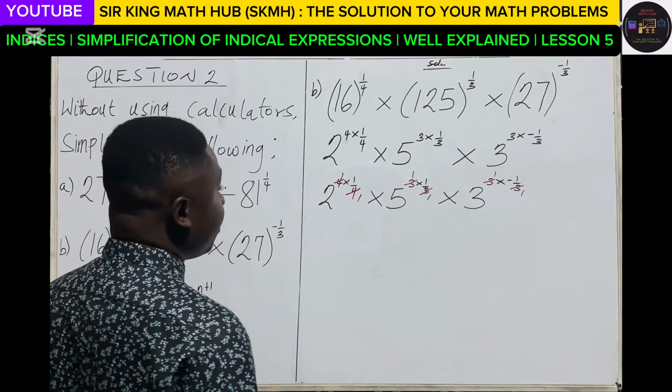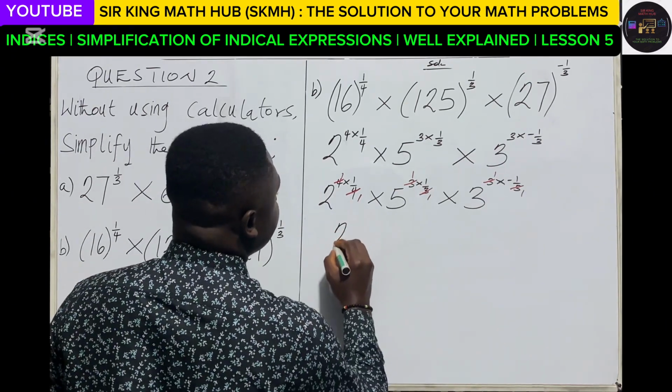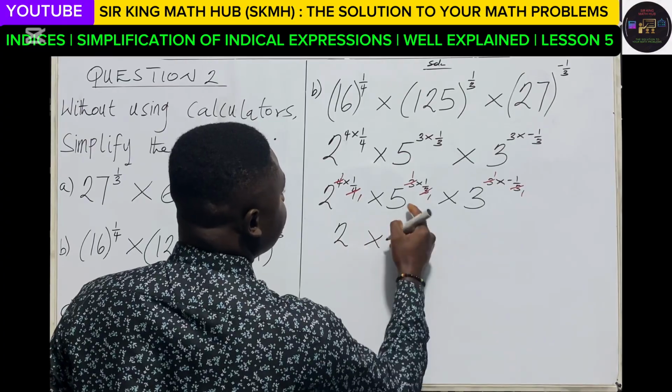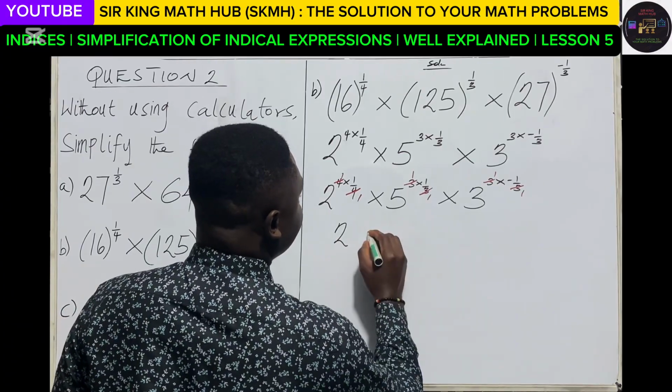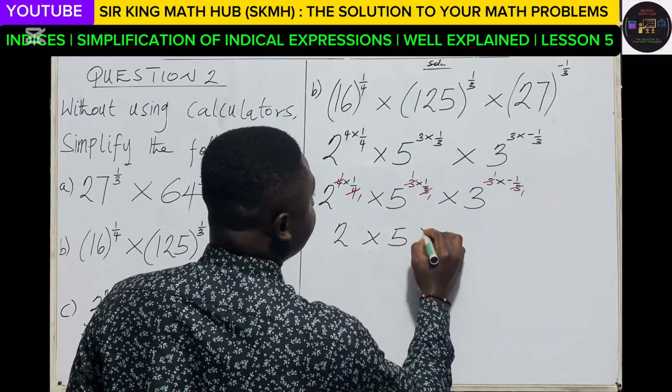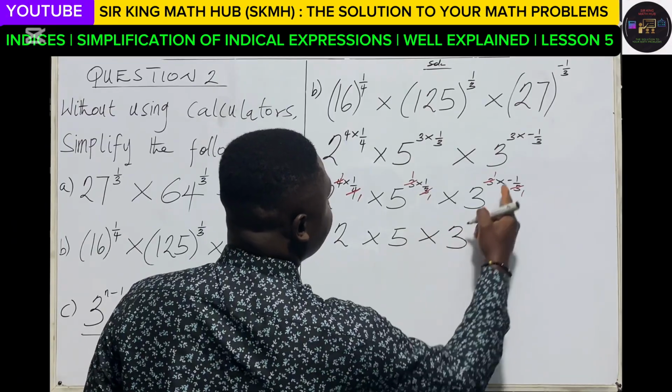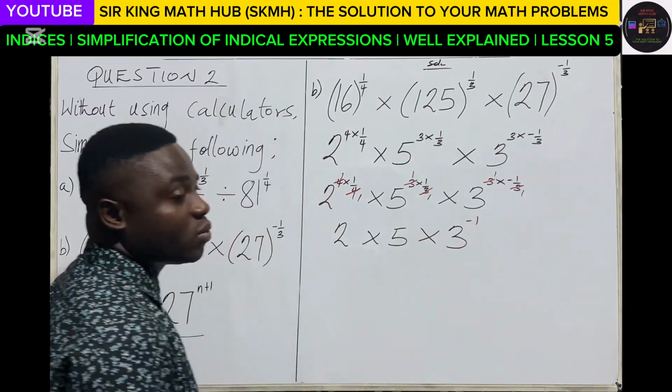So we have 2 multiplying 5 multiplying 3 index negative 1.